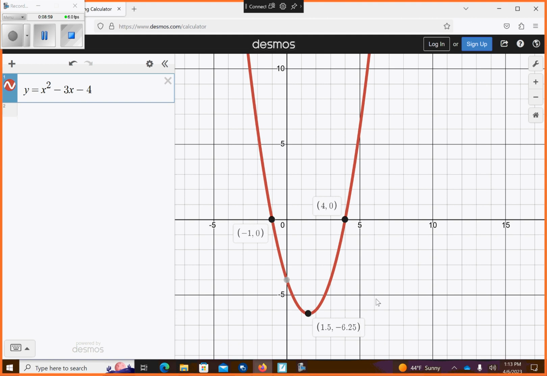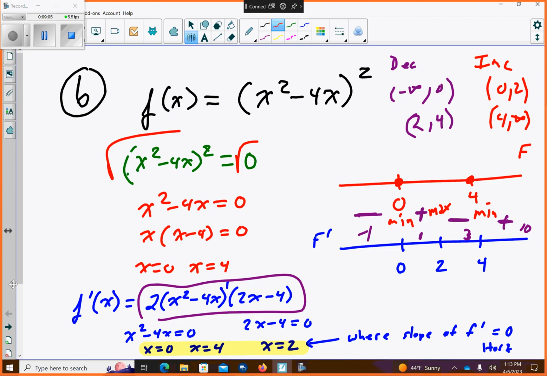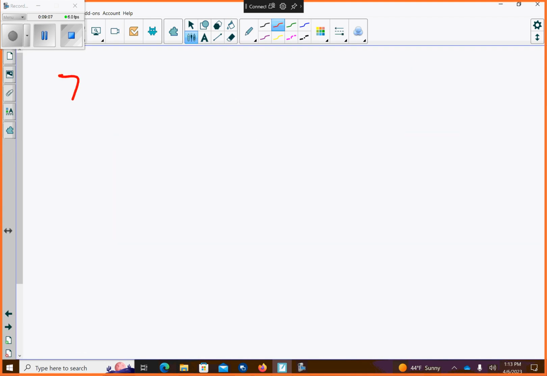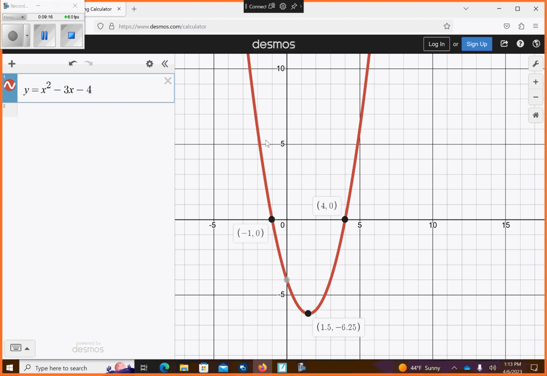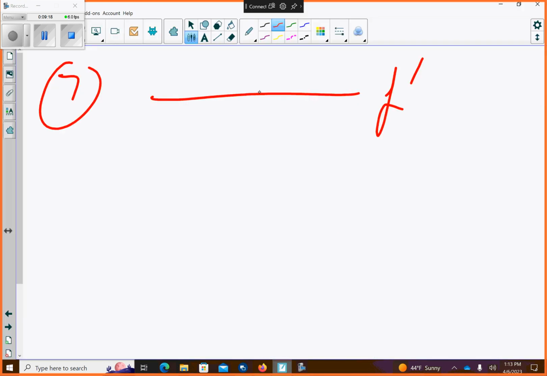So it's decreasing from negative infinity. So if we wanted to make a sign line chart based on this, f prime gave us 1.5. So it's decreasing here, increasing there.